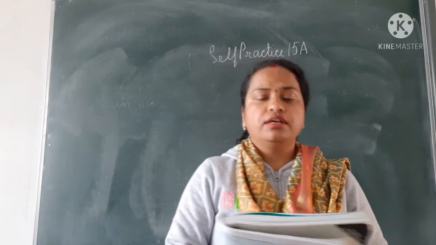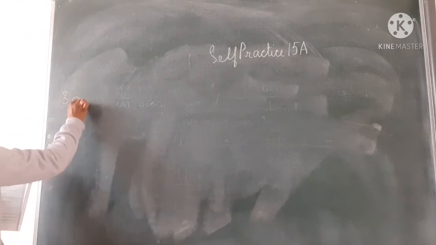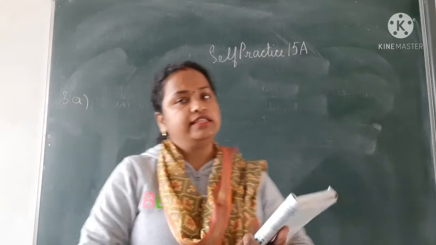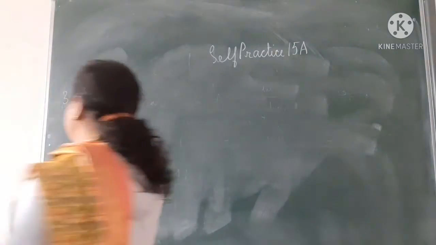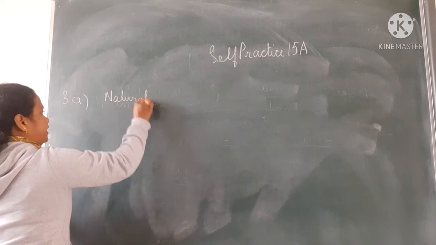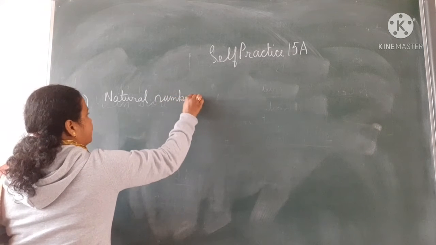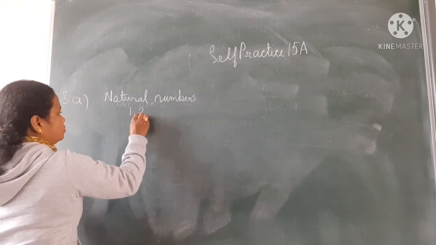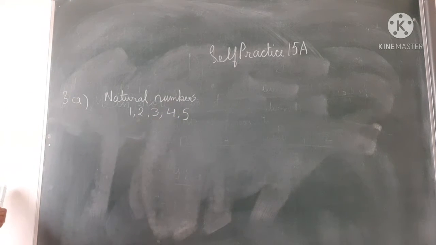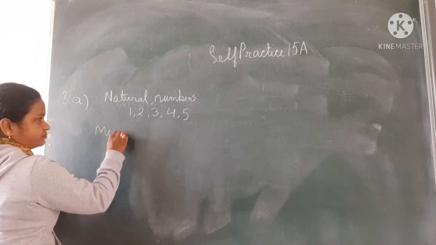We will do question number 3. Third, A part. First one is the first 5 natural numbers. You have to find the mean of the first 5 natural numbers. What are natural numbers? Counting numbers. So what are the natural numbers here? 1, 2, 3, 4, 5. Now, what will be the mean of it?